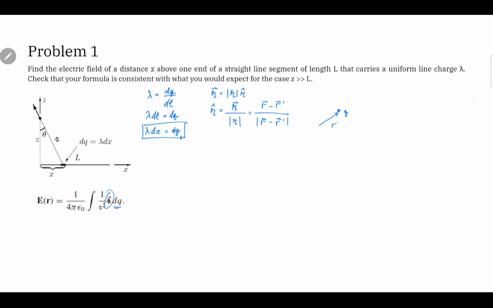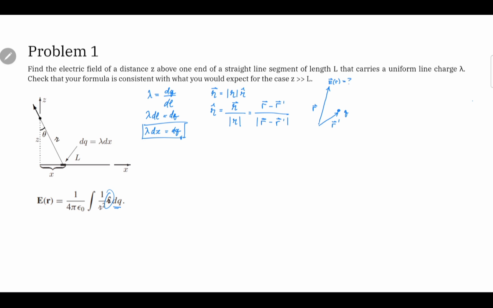This is going to be your r prime, which is the distance from your origin towards the source charge. And r, on the other hand, is going to be the distance from that same origin towards your observation point. So let's say you want to find the electric field at this point.